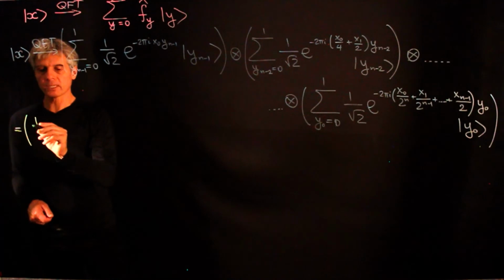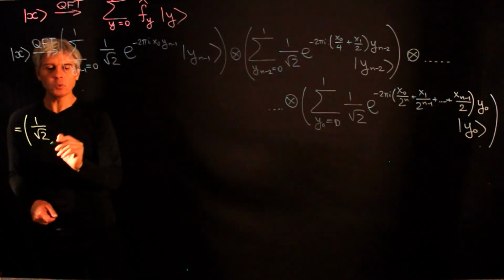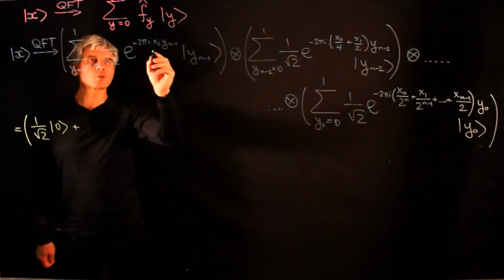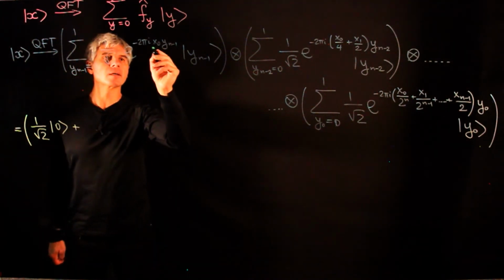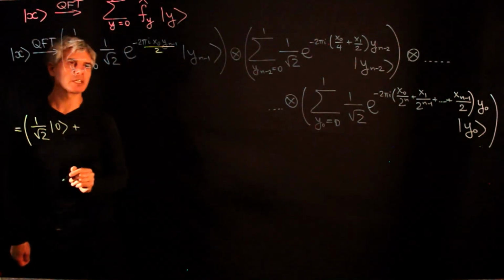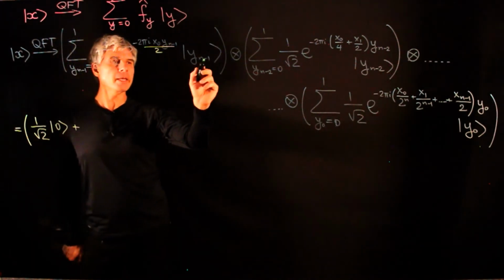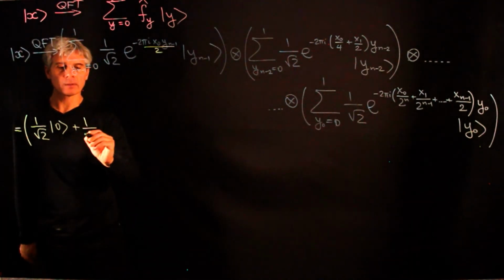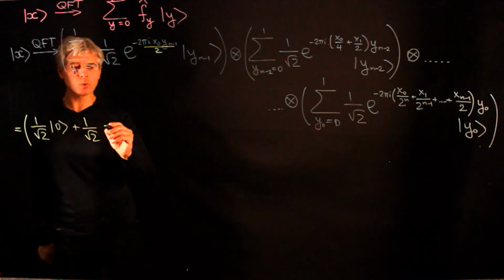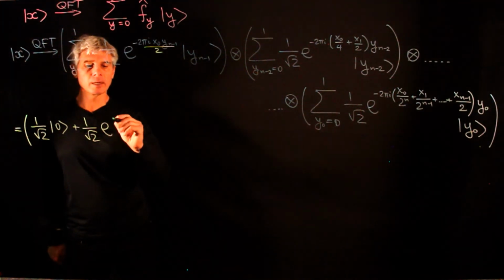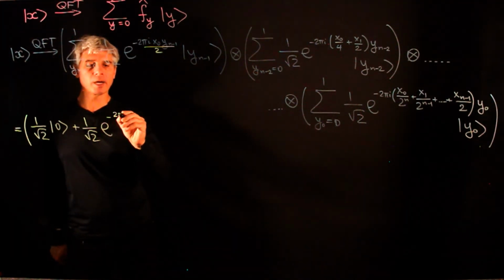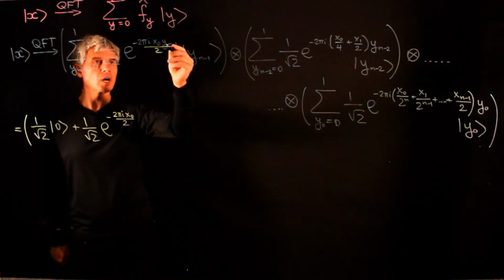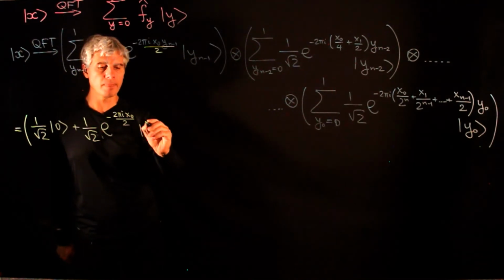So the first term in this sum will thus be 1 over square root of 2 times |0>, plus, now I should point out that here we were missing a denominator, so this should be divided by 2. So when y_{n-1} is equal to 1, then we're going to get the following coefficient: 1 over square root of 2 e to the minus 2 pi i x0 over 2, times |1>.